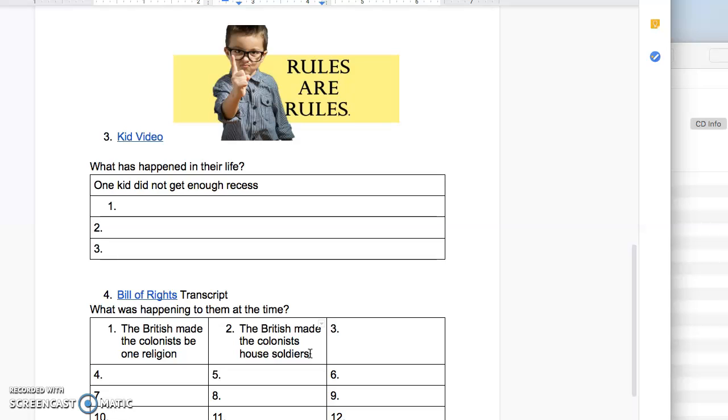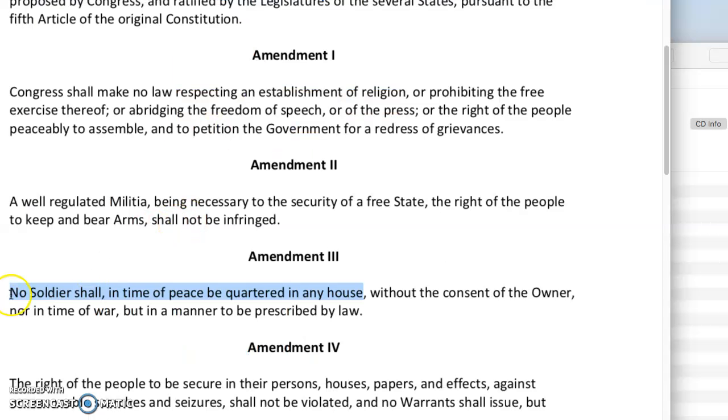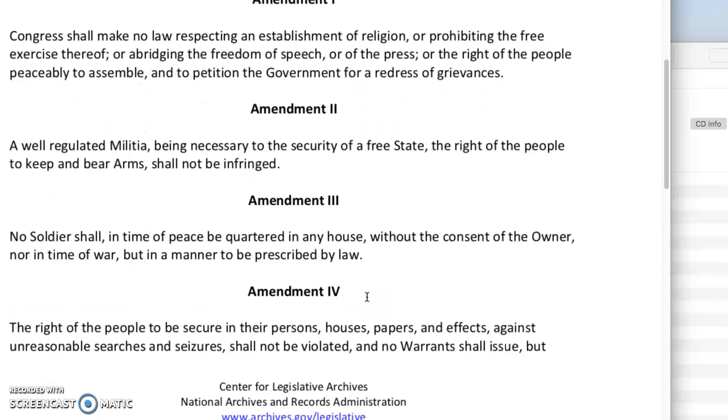They made them house the soldiers, pay for their beer, pay for their food, pay for some of their clothing sometimes. And so when the colonists had the opportunity to start writing their own Bill of Rights or their own government, they made sure to put that in there because that's one of the things that was happening to them at the time. So we can tell a lot about what was happening to them at the time.